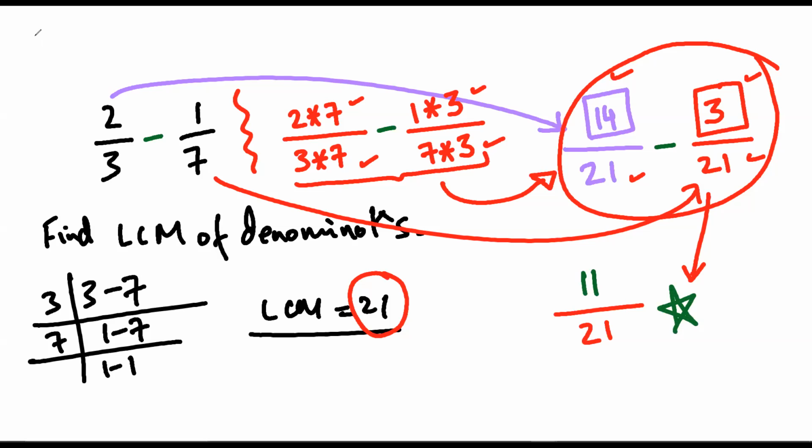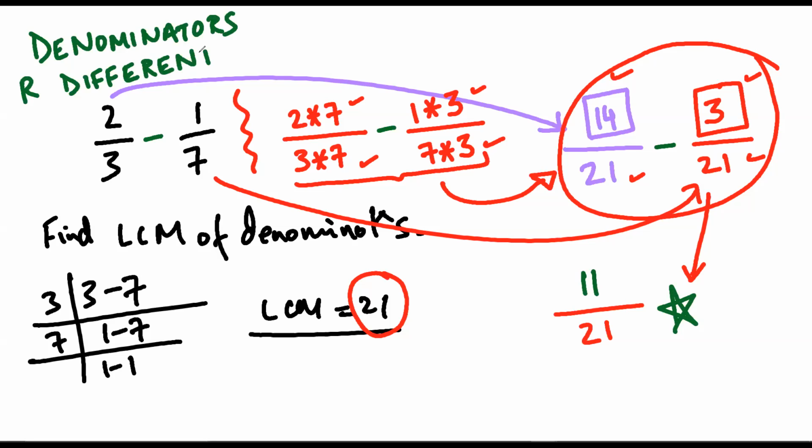So this is a case where denominators are different. So in these cases, the first step that you need to do is find the LCM of the denominators.